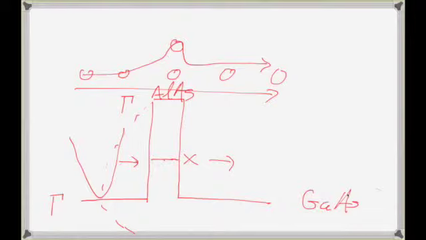And so this X state here is really a bound state, because in gallium arsenide, the X state is up here. So this X state of the aluminum arsenide is really a bound state weakly coupled to the continuum of the gamma states in the gallium arsenide.